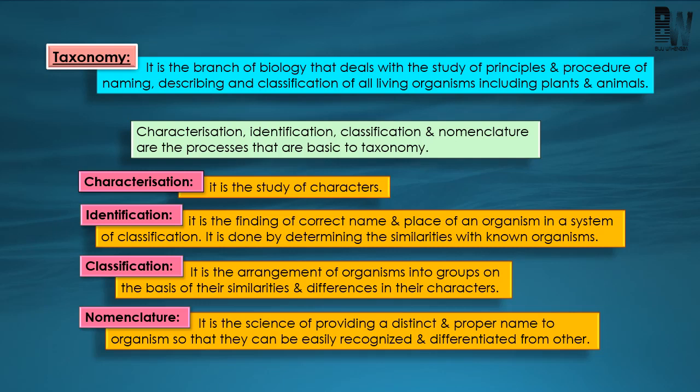After identification, the organism can be given a specific place according to the system of classification, that is classification. And after classification, the organism will be given a proper and distinct name, and this is nomenclature, that is the naming of the organism. So characterization, identification, classification, and nomenclature are the different processes which are basic to taxonomy, and of these four basic processes, in this class we will discuss nomenclature in detail.